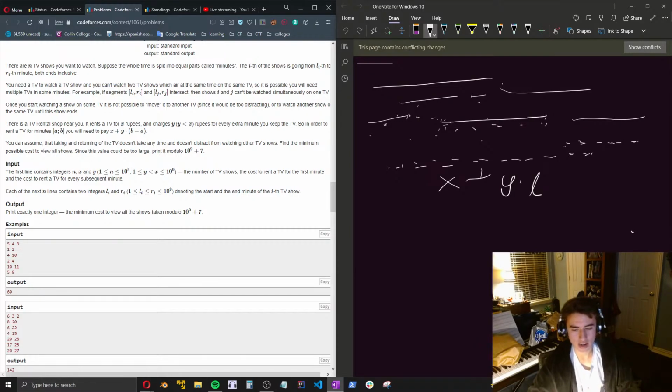So imagine each interval's endpoint can only connect to one other interval. What's the cost?